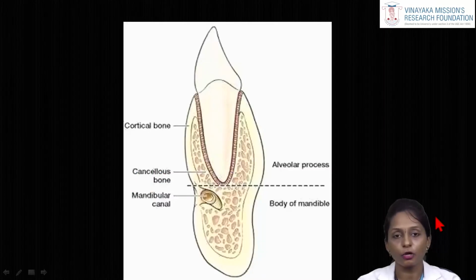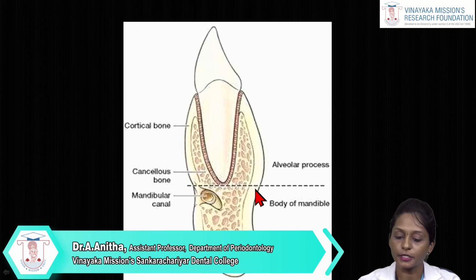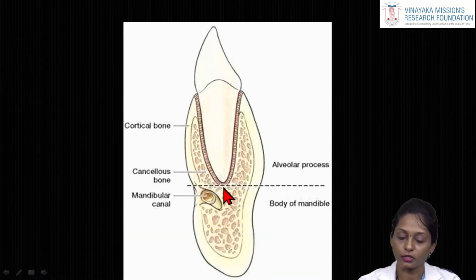This is again the longitudinal section of the mandible. It has been divided into two parts. The part above the apex of the tooth root is your alveolar process, and the part below the apex of the tooth is called the body of the mandible. Here you can see the mandibular canal, the outer cortical bone and the inner cancellous bone.